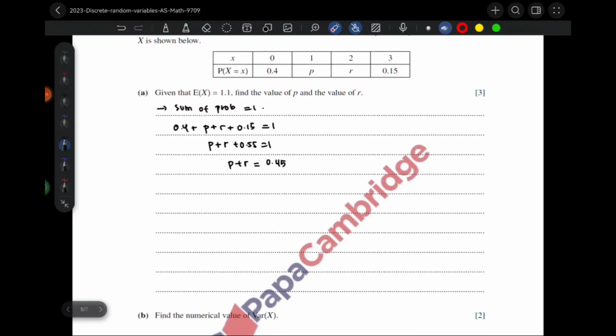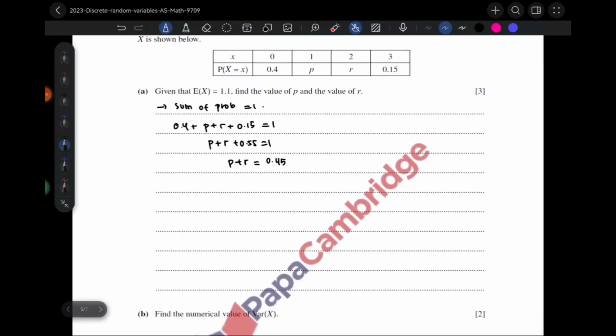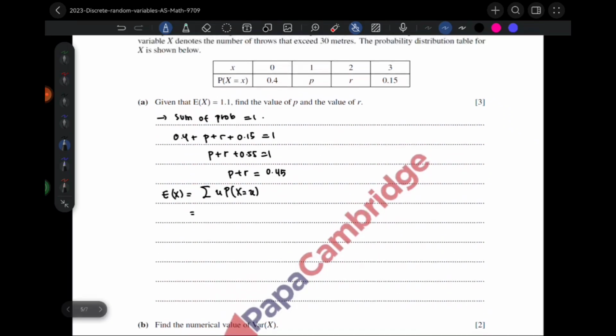Then we use this information: expected value of x equals 1.1. Remember the formula, E(X) equals the sum of x times the probability of X equals x.